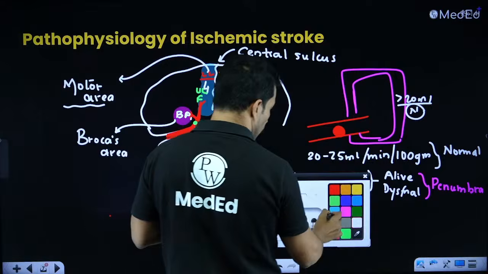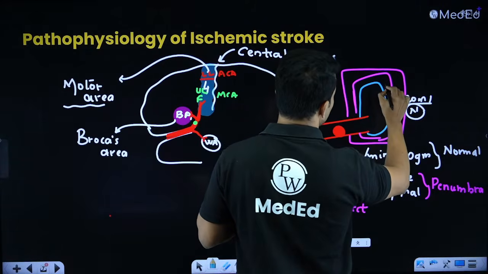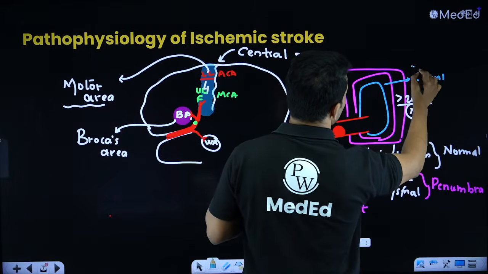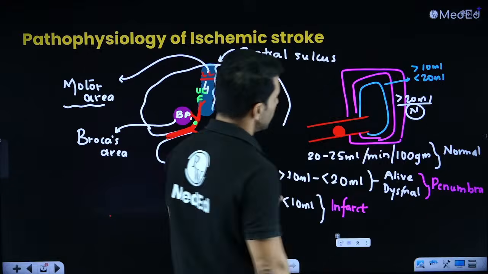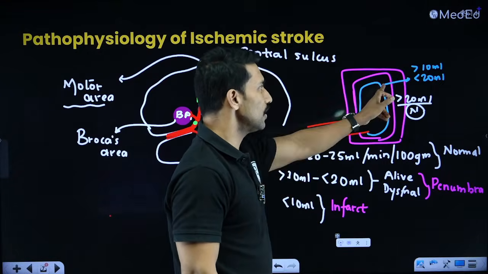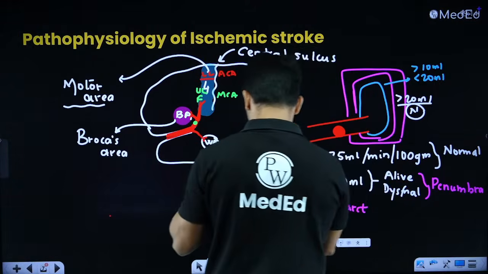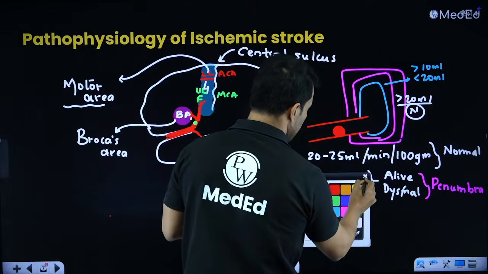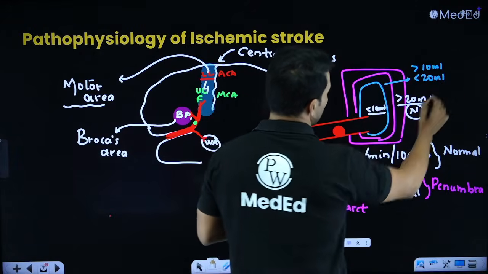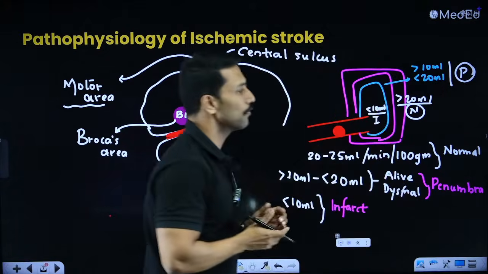And then you will also have an area, this much part, where the flow has dropped to less than 20 ml but more than 10 ml. So this area is alive but functionally inactive, right? So this becomes penumbra, and in the center, let us say the flow is less than 10 ml, that area becomes infarct.